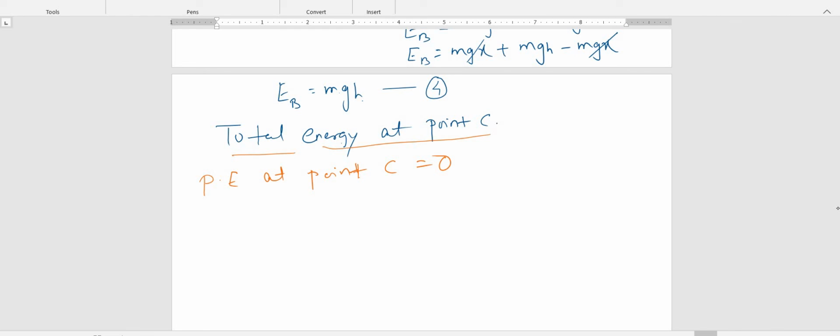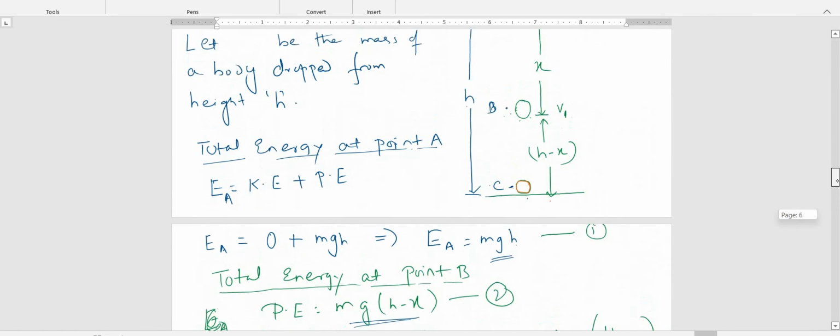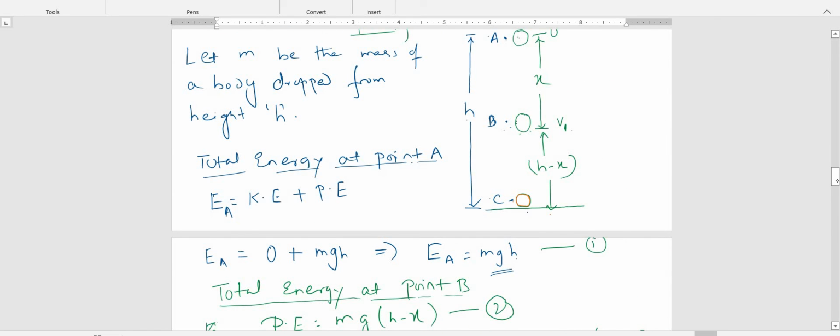Okay. Now we'll have to calculate what is the energy just before hitting the ground. What was the velocity just before hitting the ground? So for this journey from B to C, what is the initial velocity at B? It is v1, no? Let the final velocity be, for example, v2.